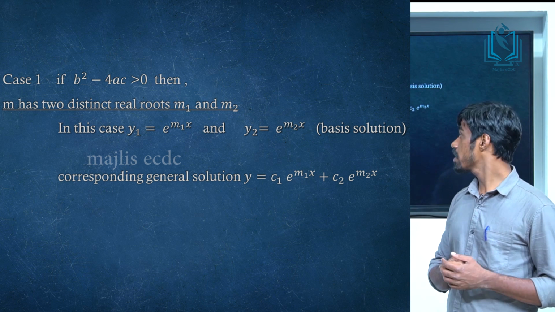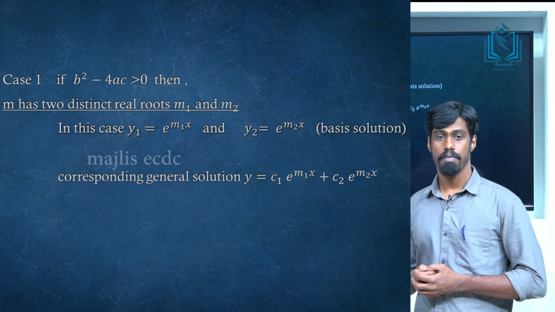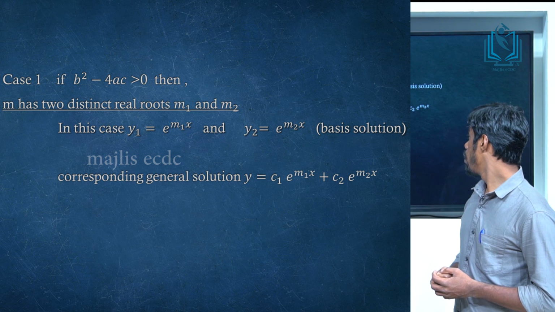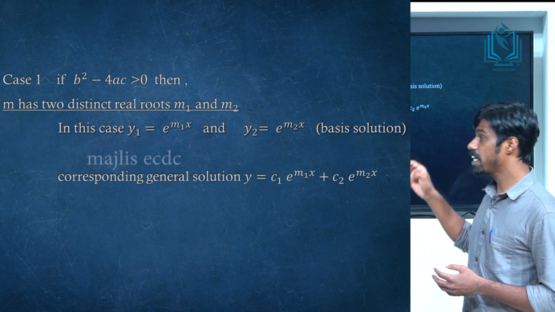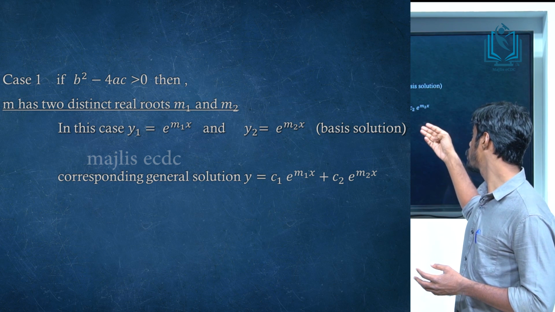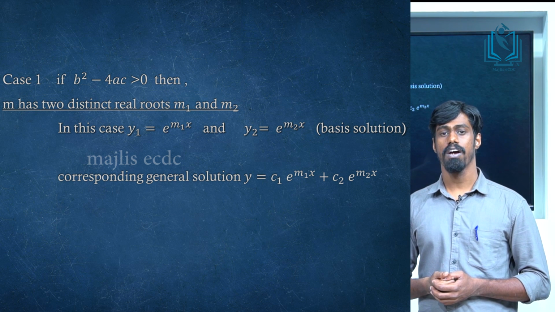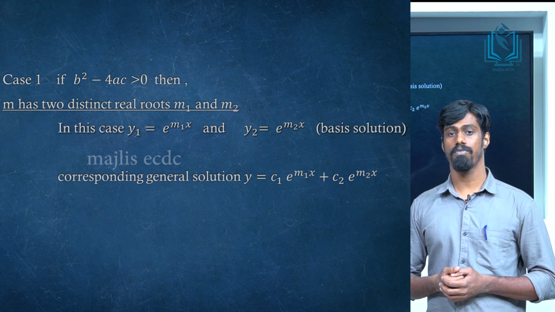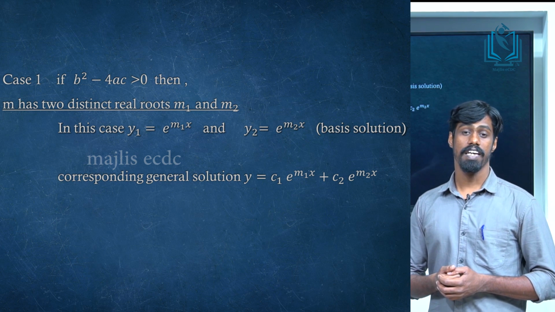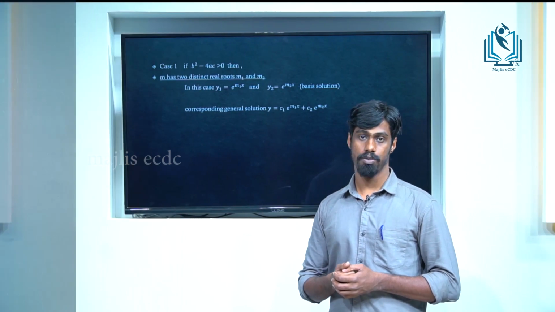The corresponding general solution is y equal to c1 e raised to m1x plus c2 e raised to m2x. That is, the general solution is the linear combination of the basis solution y1 and y2.